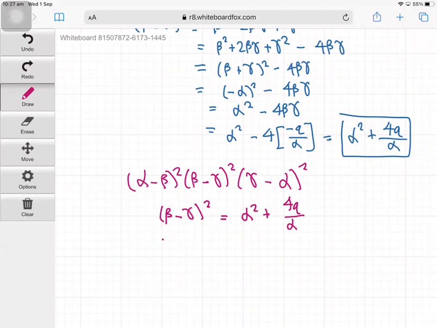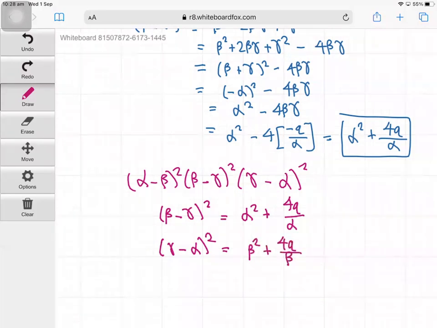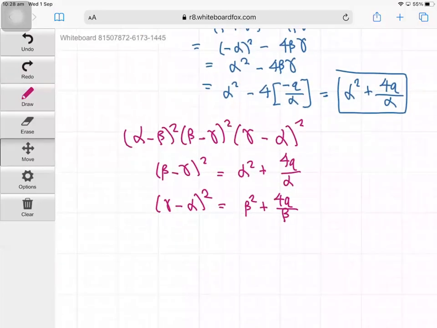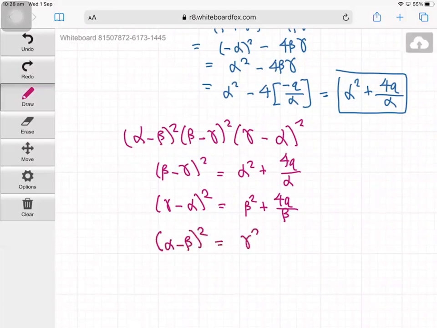You can use similar reasoning to get gamma minus alpha squared is equal to beta squared plus 4q over beta. And you also have alpha minus beta squared is equal to gamma squared plus 4q over gamma.